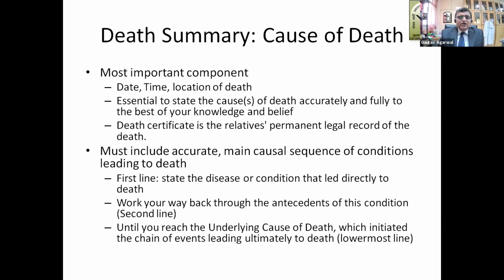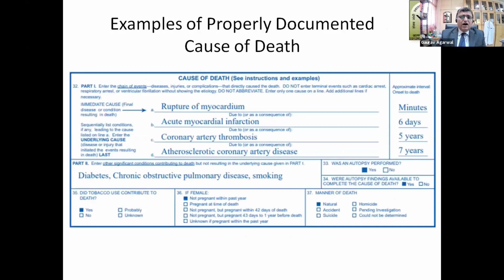The second line should have the antecedent conditions or antecedent causes of death, and you can work your way back through the antecedents to list all those things, until you reach the underlying cause of death, which initiated the whole chain of events leading ultimately to the death of the patient, which is listed in the lowermost line. And this is just an example of how it is done.